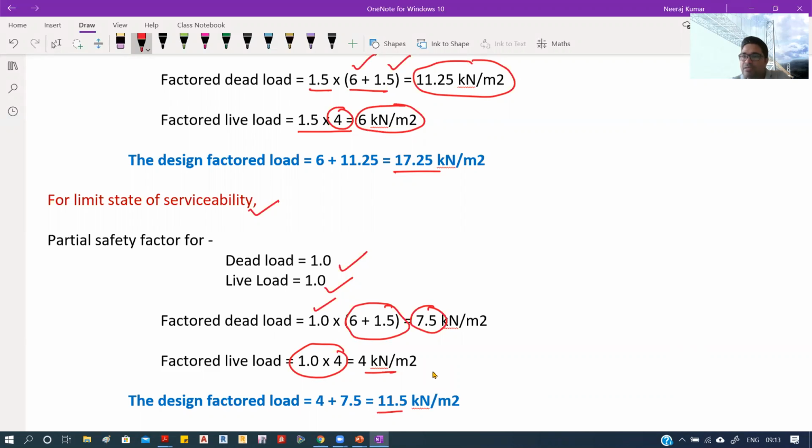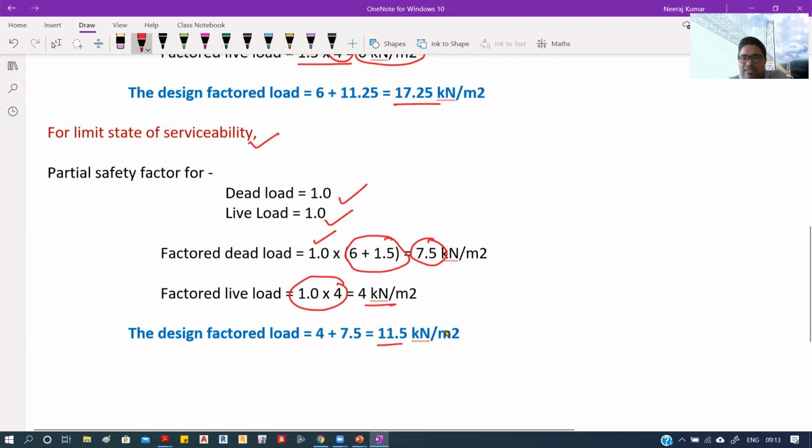Now we can compare the magnitude of the load for the limit state of strength and the limit state of serviceability. If we take this smaller load in the design, it will cover only the serviceability aspect, because as per the strength criteria, at least the larger load must be considered.